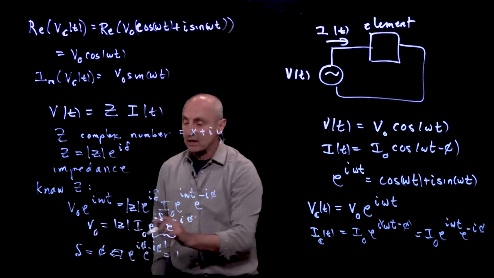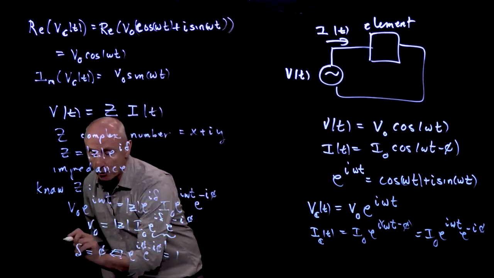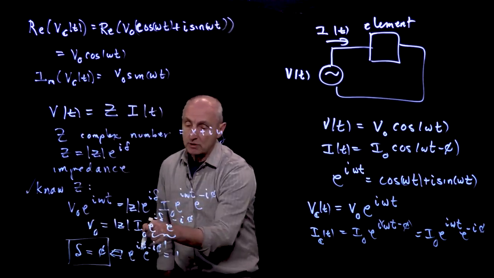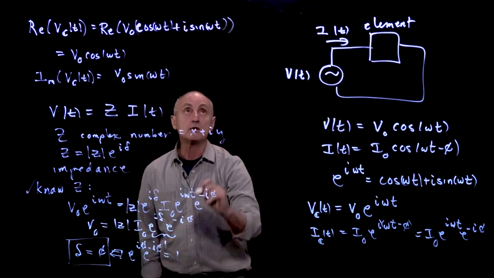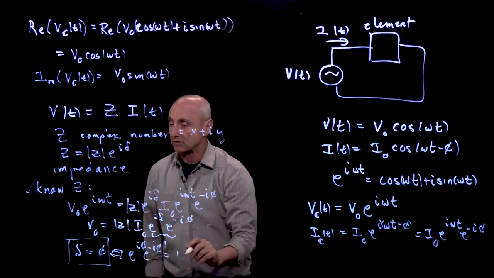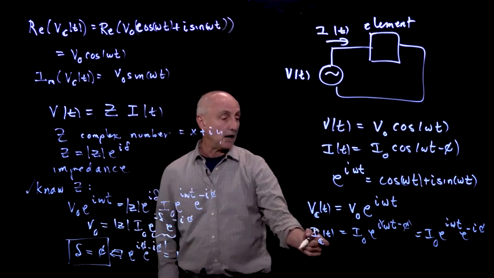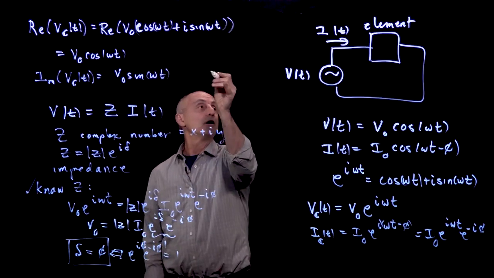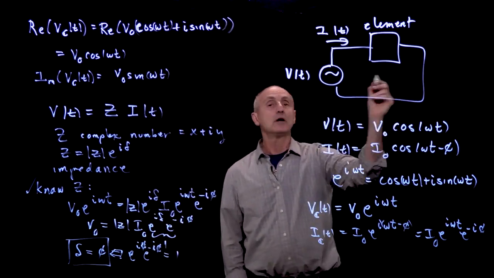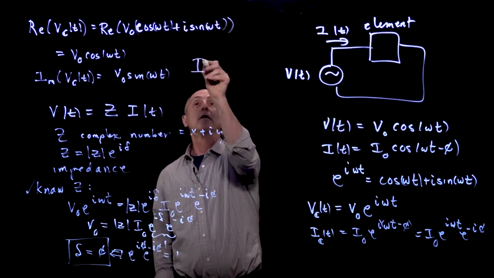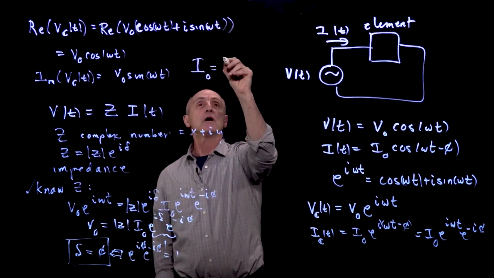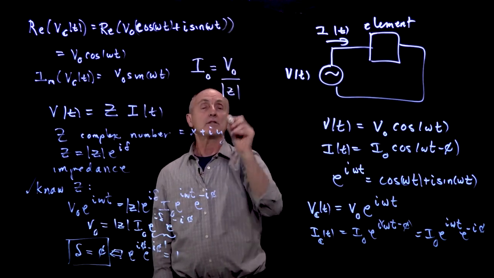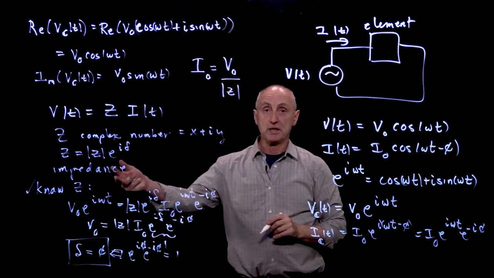So not only have we solved for the phase if we know Z, but because this quantity is 1, our other key quantity, the amplitude I naught, is equal to the amplitude of the voltage divided by the modulus of the impedance.